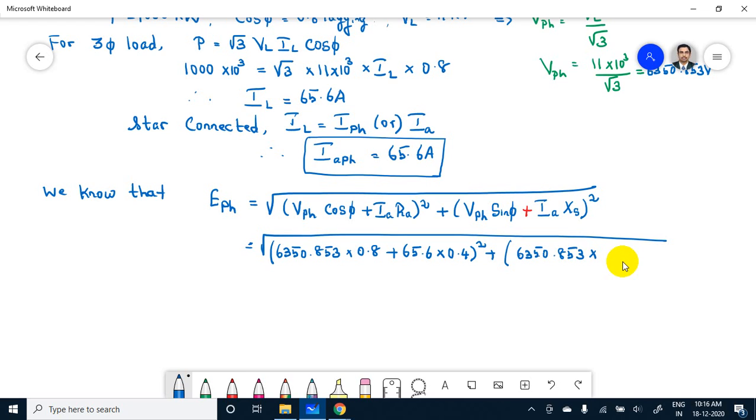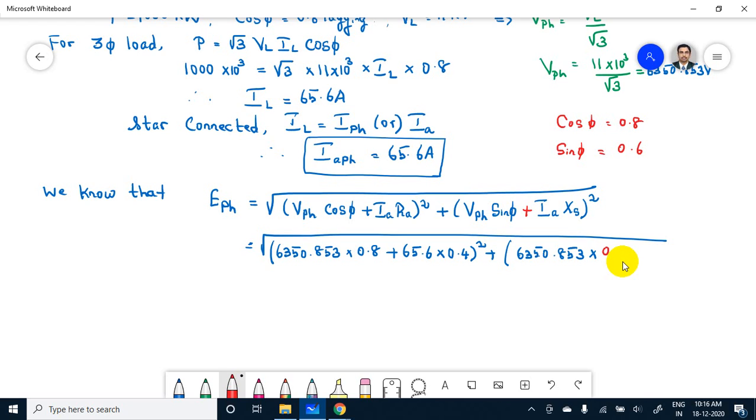What is the parameter for sin phi? How much? Because as per your question, cos phi equal to 0.8. So how much sin phi? 0.6. Good. 0.6.